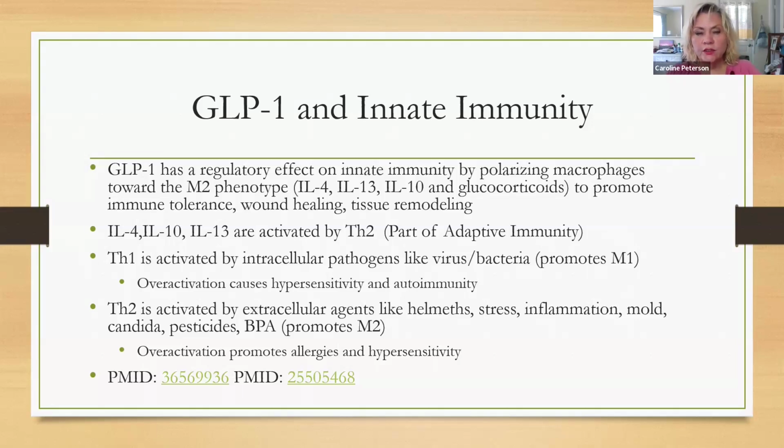Th2, which is the part of the immune system that is secondarily activated by GLP1, is part of the adaptive immune system and typically activated by helminths or worms, stress, inflammation, mold, candida, pesticides, BPA.